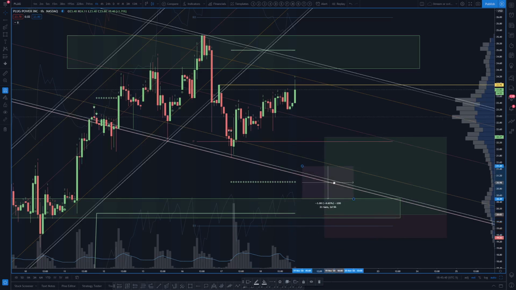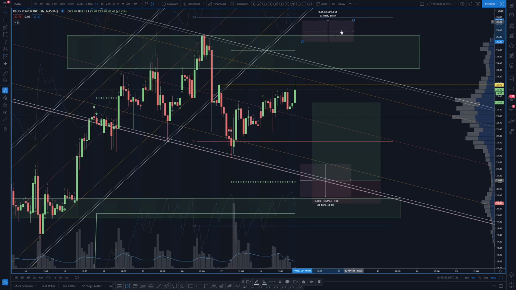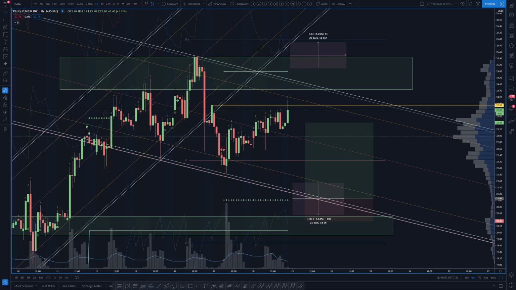Channel plays, potential hourly oversold, and there are definitely bottom fish setups as well. This looks like it has more potential to set up tomorrow. I like that.